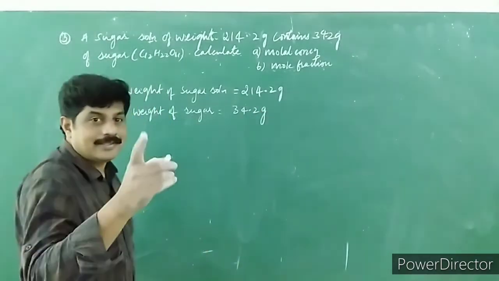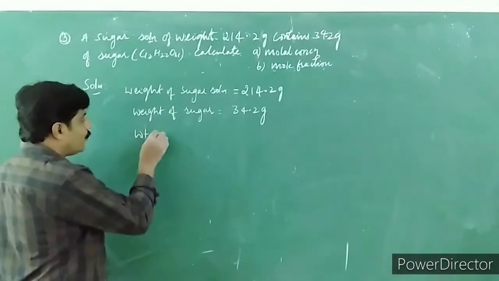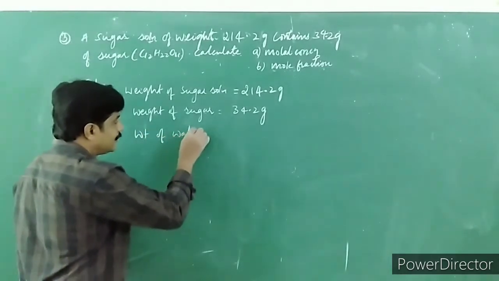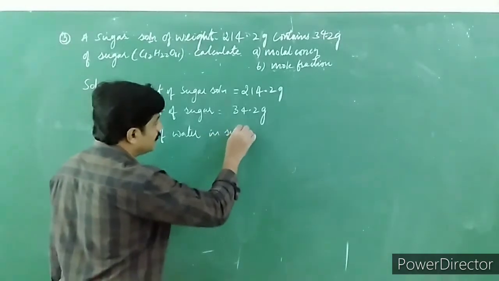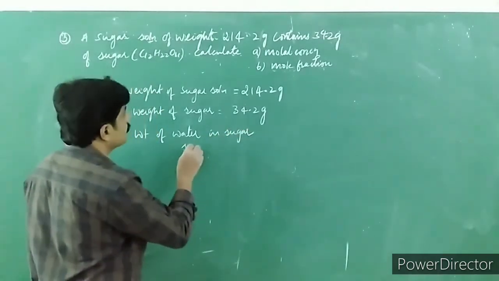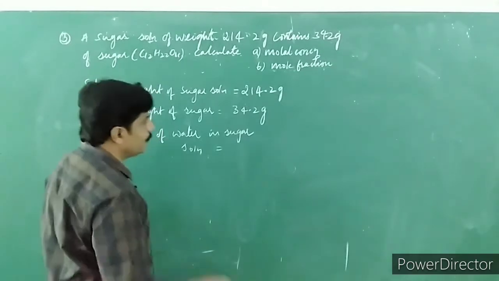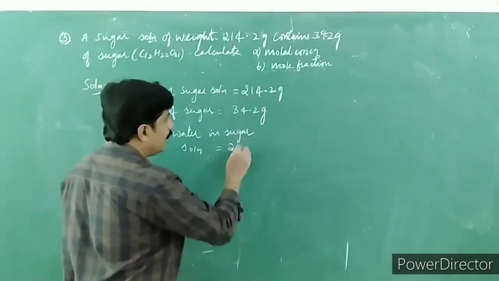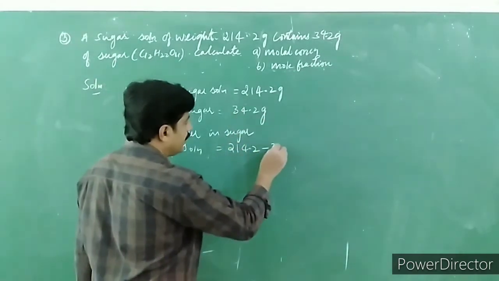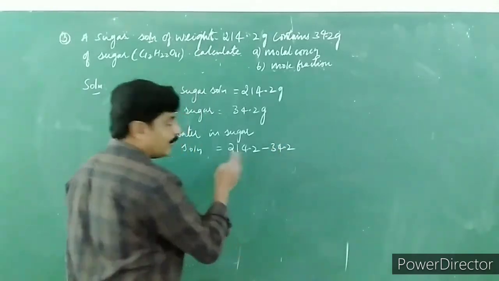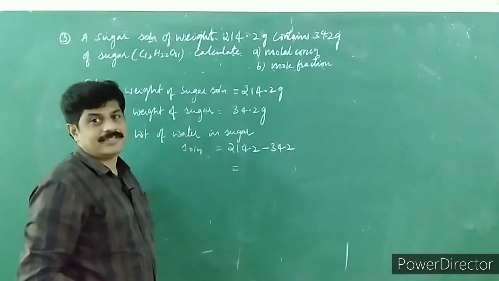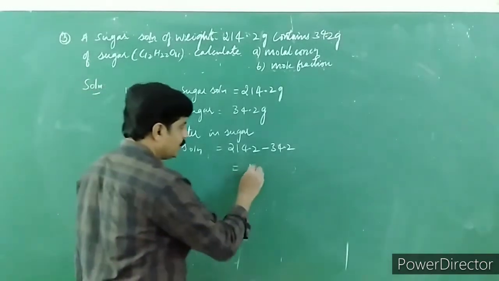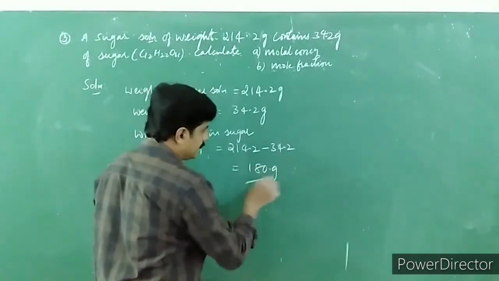You know that the weight of water in a sugar solution or syrup is equal to 214.2 minus 34.2. What are you going to get? The weight of water in the sugar solution is equal to 180 grams.